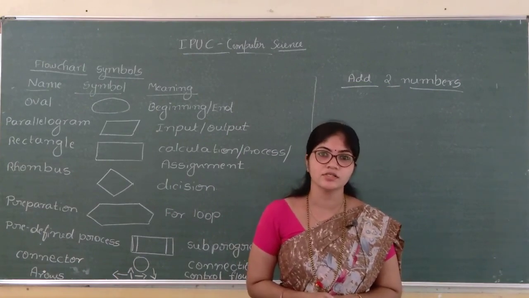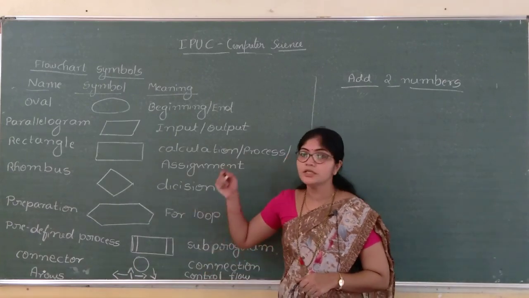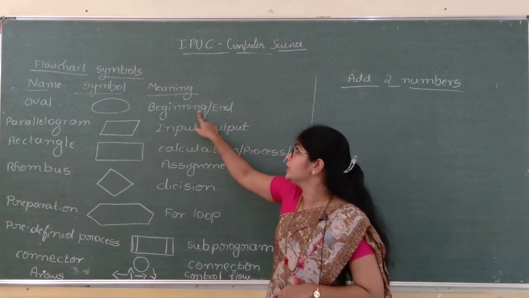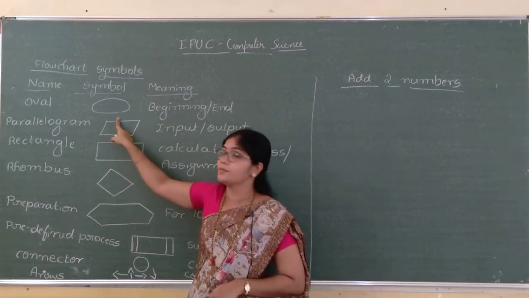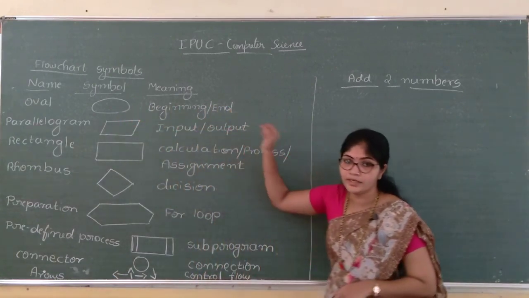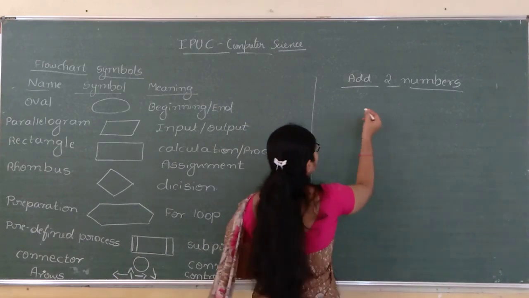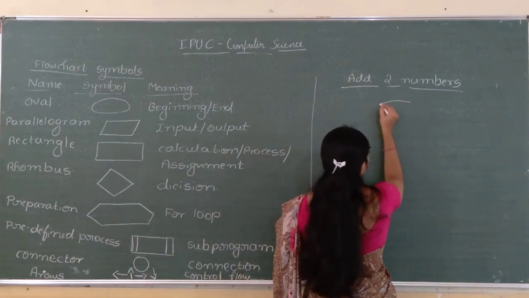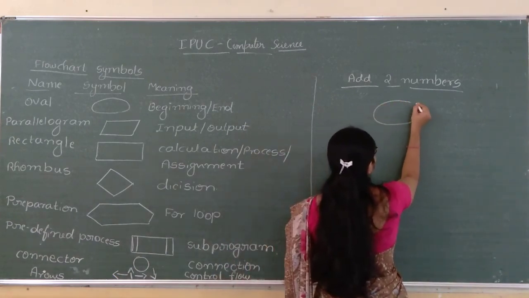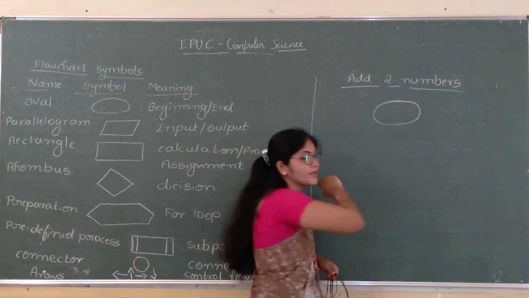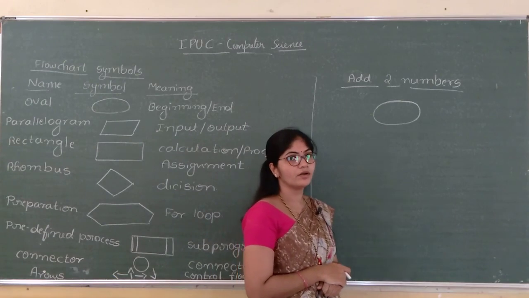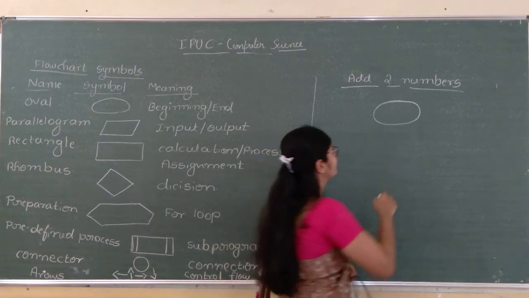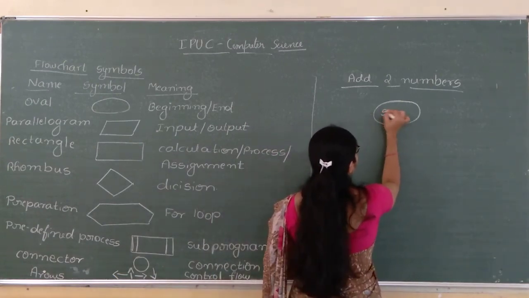First step is start. The symbol used to denote beginning or end is oval. In the algorithm, first step is start. Start denotes beginning or end of the algorithm.